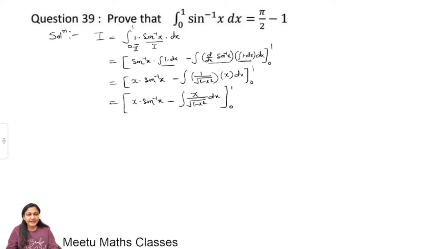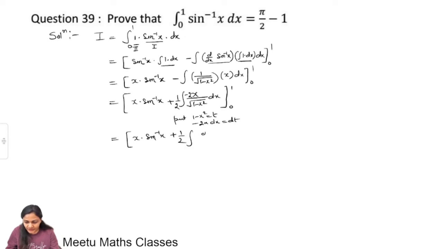Now to integrate this function, we can use substitution. If we substitute 1 minus x square as t, then minus 2x dx can be replaced by dt. So you can multiply and divide by minus 2, so minus 2x dx can be replaced by dt.